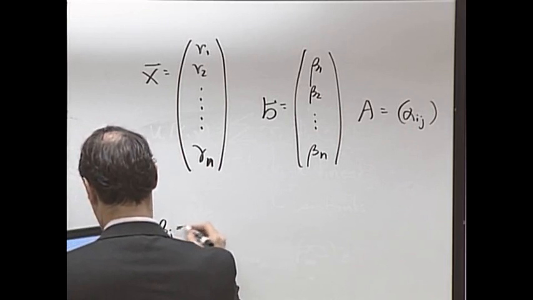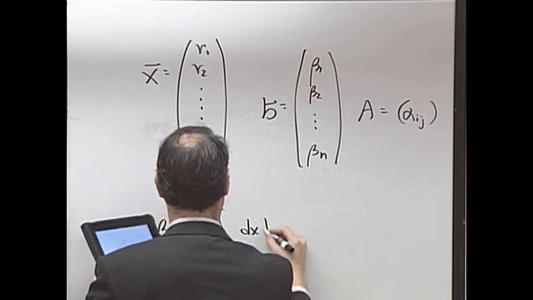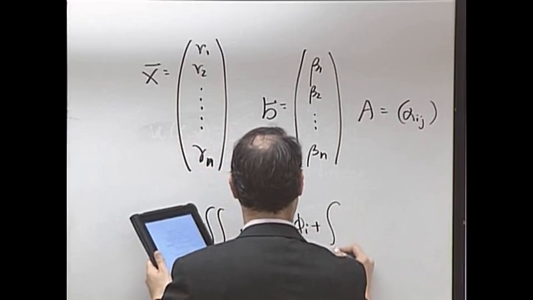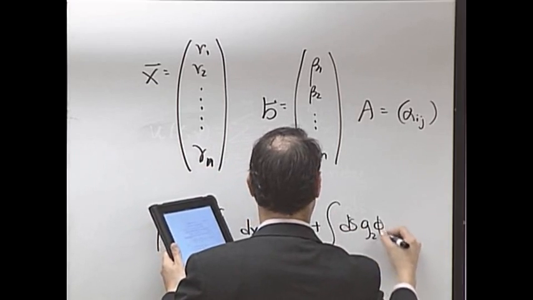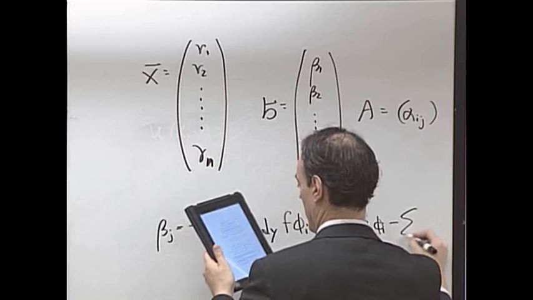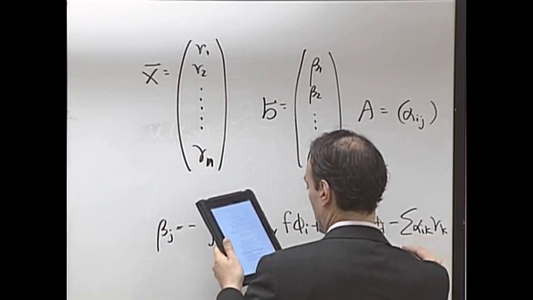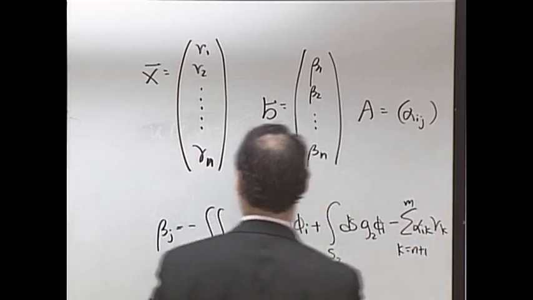The beta j's are the following: minus, after a bunch of work, here's what the betas are.